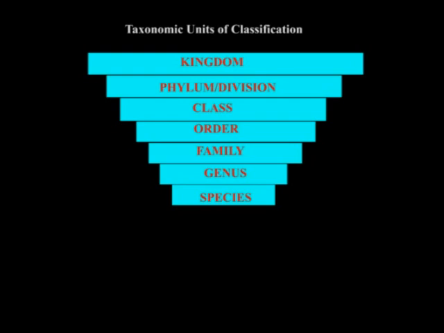In a classification scheme, a hierarchy of groups is recognized, and it proceeds from the first, largest, and highest group, the kingdom, to the smallest and lowest unit, the species. There are 7 major taxonomic units, namely kingdom, phylum for animals and division for plants, class, order, family, genus, and species.